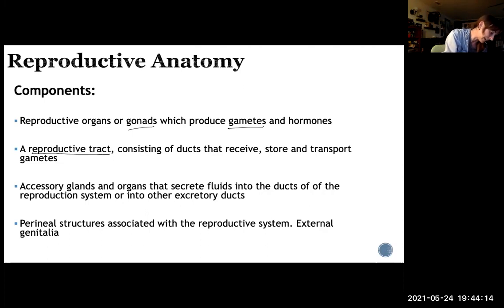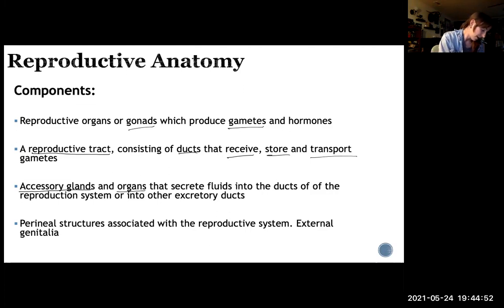The reproductive tract, which could be ducts or passages that receive, store, and or transport the gametes, eggs and sperm. In addition, we have accessory glands and organs. So we have extra stuff that's not to say that it isn't important, but they're not part of the reproductive tract proper, okay? These accessory glands and organs are going to contribute fluids a lot of the time to the reproductive process, things like that.